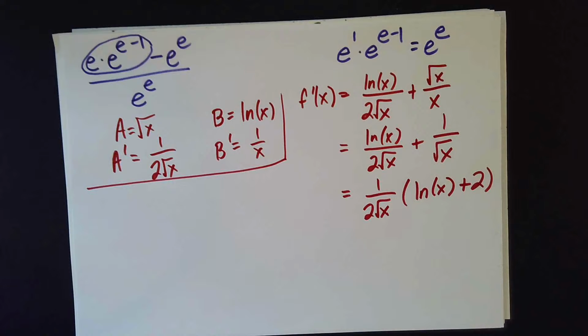But if you do that, then your a will be the natural log of x, your b will be 1 over twice the square root of x, and then you'll get the derivative of this first piece, and then you'll just add to that the derivative of this second piece.